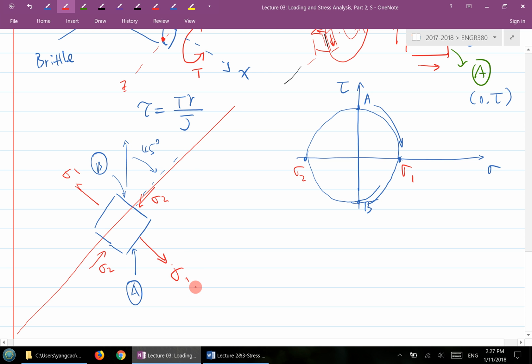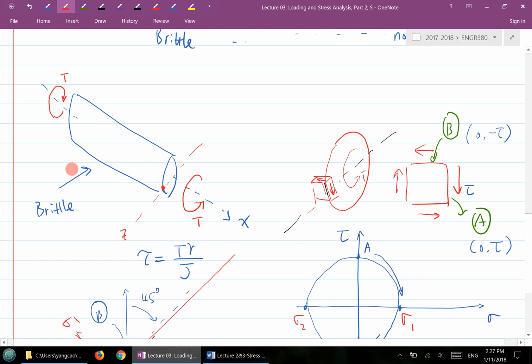The cross section perpendicular to sigma 1 is the one you get if you cut it this way, or in other words, 45 degrees to this axis in this direction. And that's why you see the break of this brittle material happen that way, right?